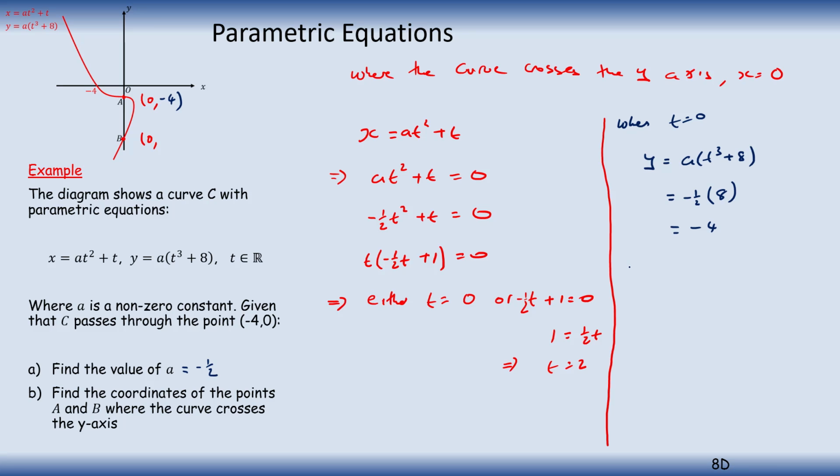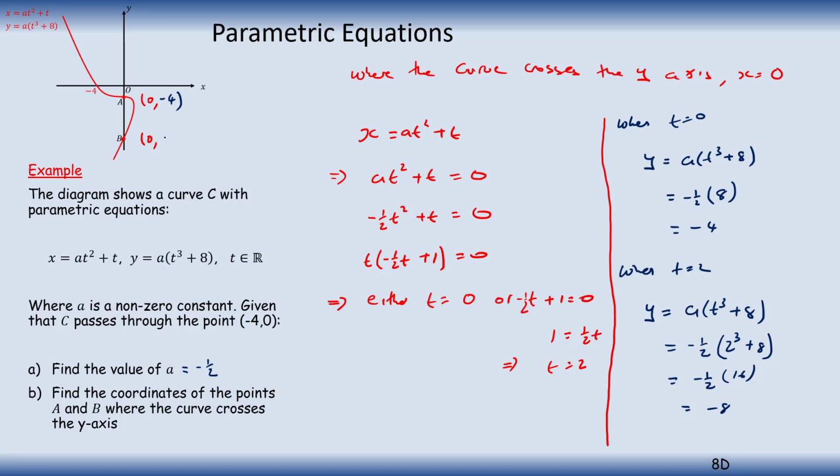When t equals 2, y is equal to, let's write the equation first, a t cubed plus 8, and now we can sub in the values we have. A is minus a half, t is 2 cubed plus 8, so it's going to be minus a half. 8 plus 8 is 16, so it's going to be minus 8.